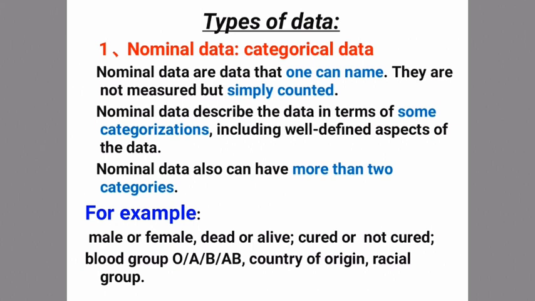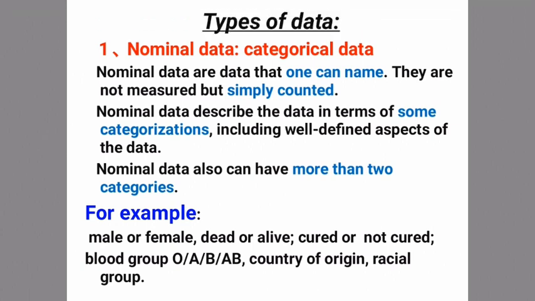Then I count out the number of male ones and female ones separately. Count out the number of students for each group. Maybe 48 female students, 52 male students, maybe. Now, such data, we call it nominal data.